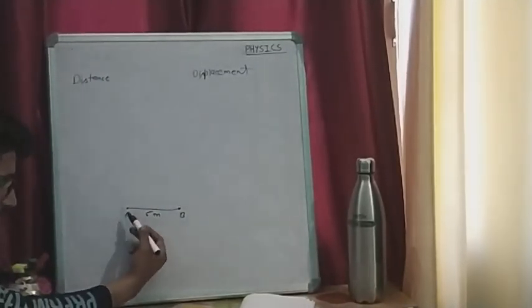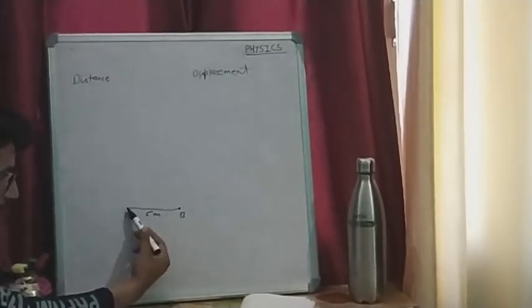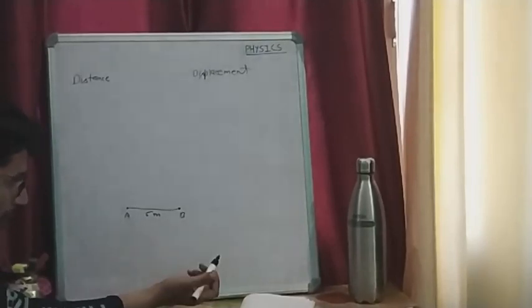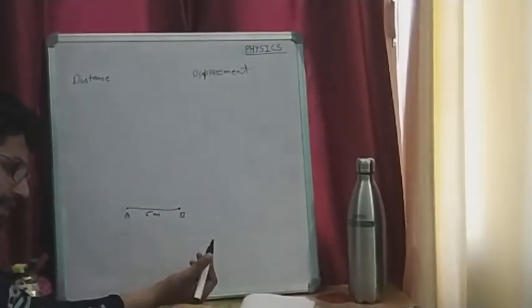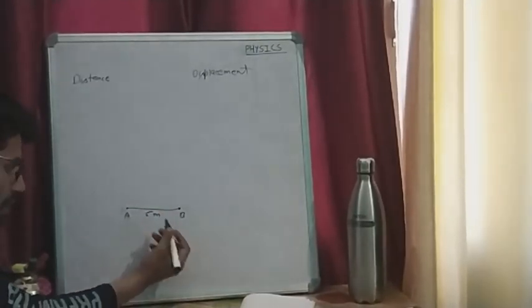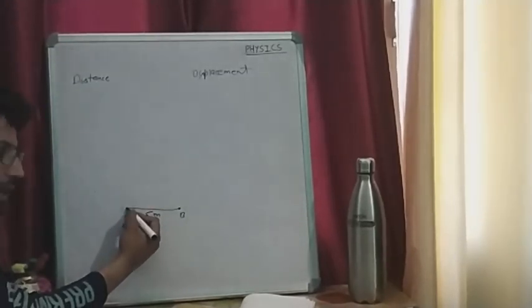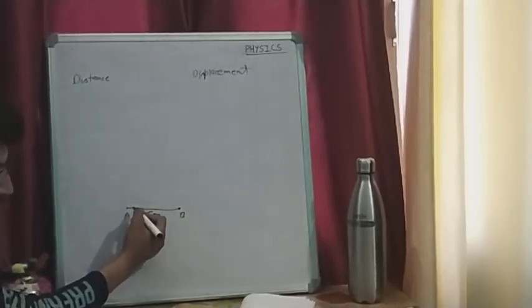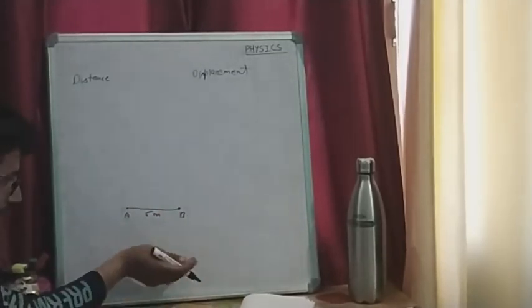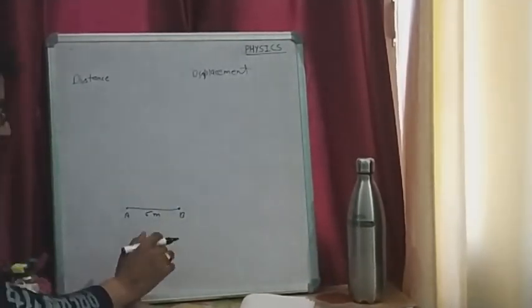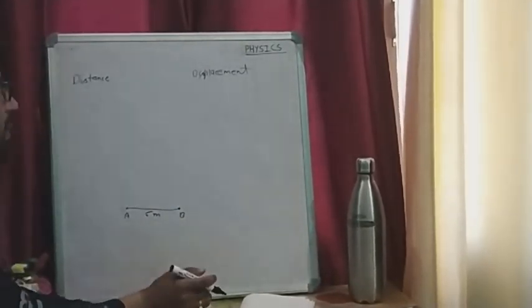You will say, sir, the distance covered by that body is 5 meter plus 5 meter, that is 10 meter. And what about displacement? We will see the initial and the final position. In this case, this is the initial position and this is also the final position. It means that its displacement is 0. So you should be clear about what is distance and what is displacement.